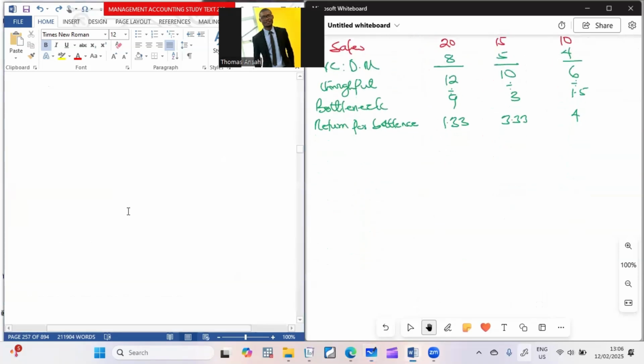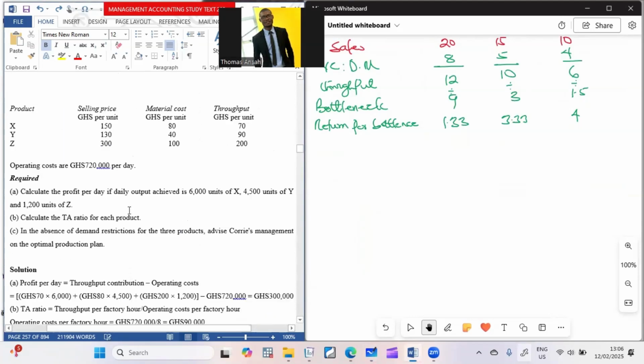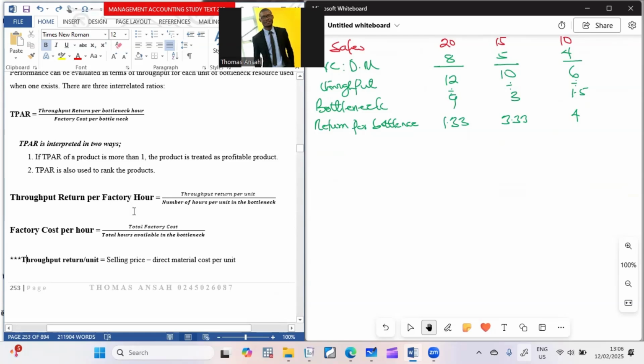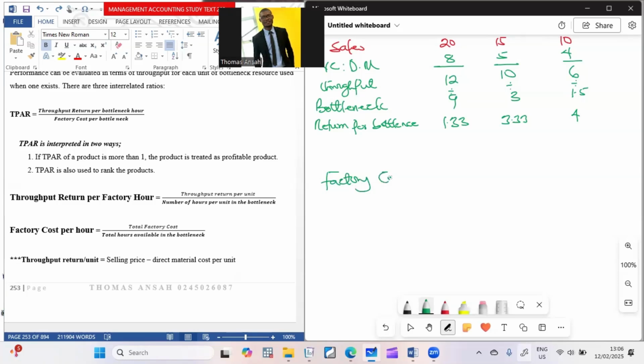You saw the formula that I gave you in the first video. So if you don't remember, let's just go up and fish it out. So this is it. So factory cost per hour is given here. All right. So the total factory cost per hour. So the formula is given by, so you have cost per factory hour, which is given by your total factory cost.